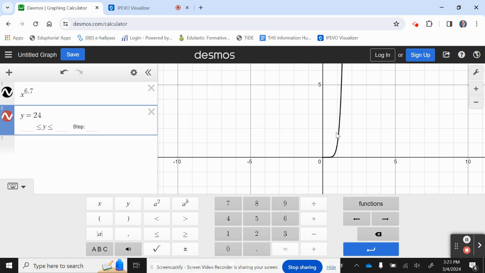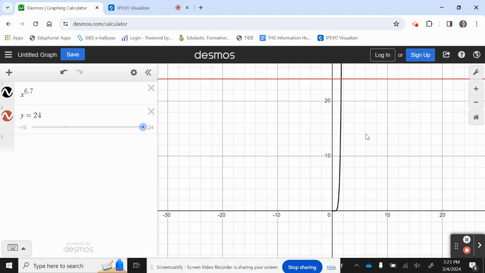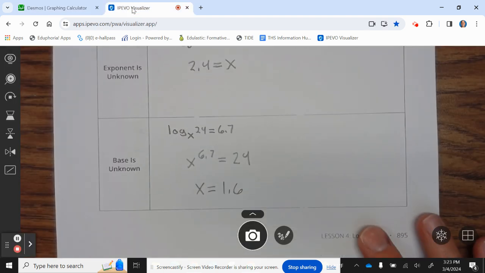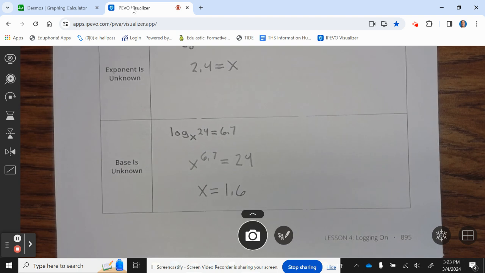And then we're going to zoom out. And then we're going to find the point of intersection, which is 1.6. Okay, go ahead and finish it up. All right, let's take a look at the next page.